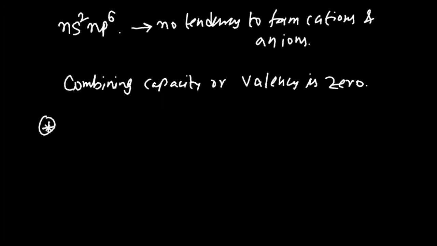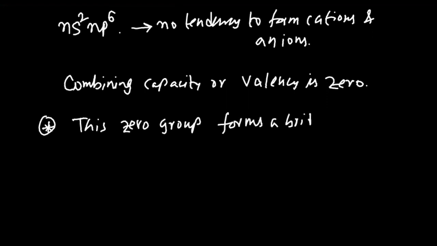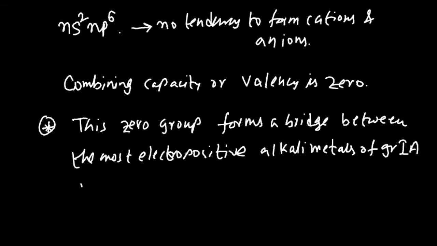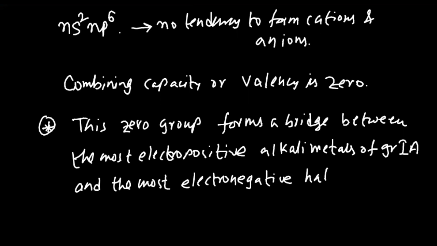You should also know that this group, the 0 group, forms a bridge or connecting link between the most electropositive alkali metals of group 1A and the most electronegative halogen elements of group 7A.